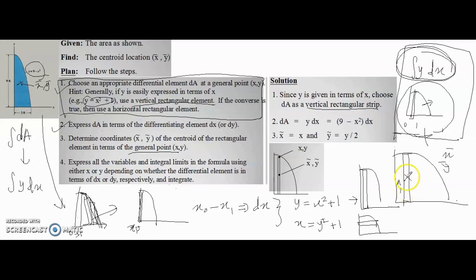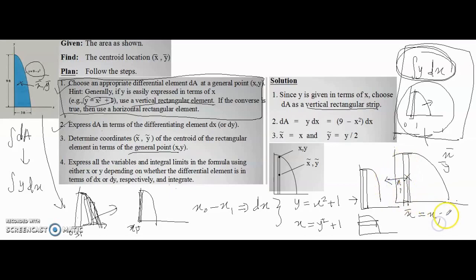For the x-axis, the x bar will be x, whatever the value here, which we need to calculate later. And then y bar is actually half of the triangle here.